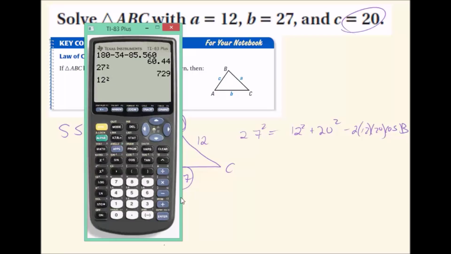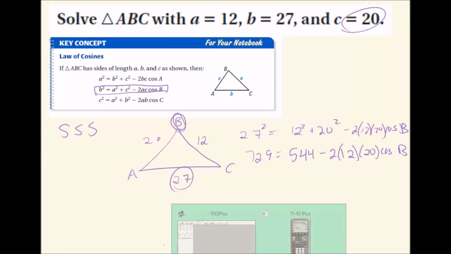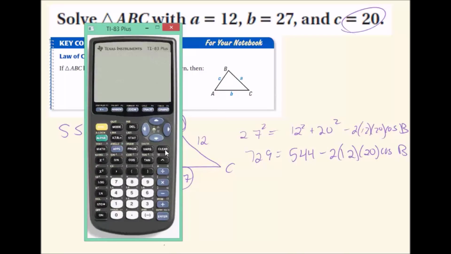We'll find out what 12 squared plus 20 squared is. So 729 and 544. And this is the same amount of work I'm expecting you to show as well. You don't need to show as many lines as me, but you do need to show how you set it up and how you manipulated the equation. So 729 minus 544 is 185.